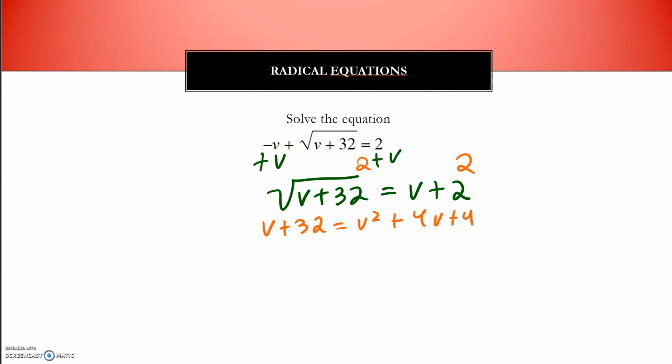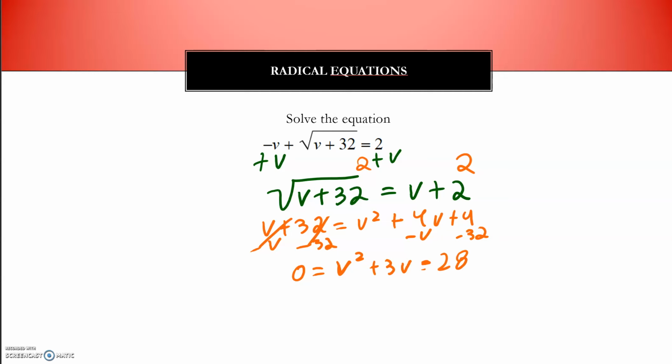Again, I used the shortcut there, but you are more than welcome to FOIL. I'm going to subtract v and 32 from each side so that we've got equals 0. And again, I'm going to do that because v squared is positive, and I don't like to try factoring things where the leading coefficient is negative. Should be a negative now, and that would be negative 28.